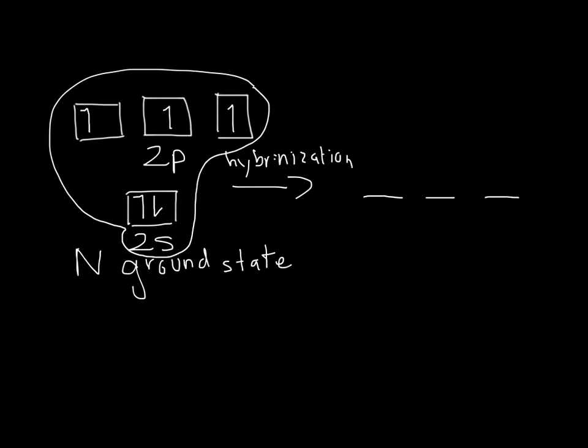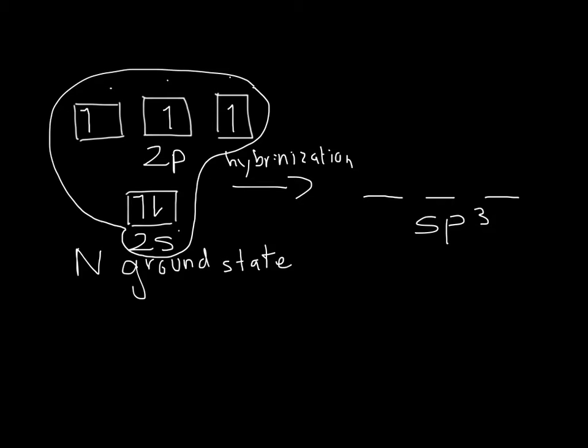And as you can see, we're putting it in the middle of 2s and 2p because this is going to be sp3. We have 1, 2, 3, and that's why it's in there. And of course the 2s right here.